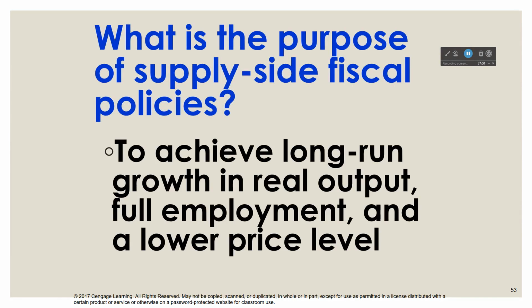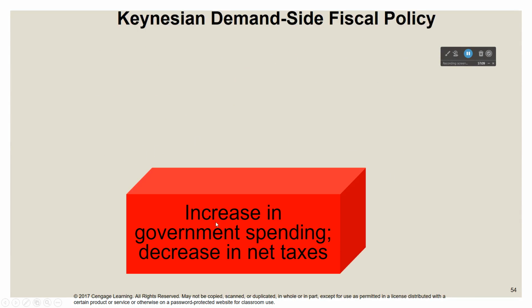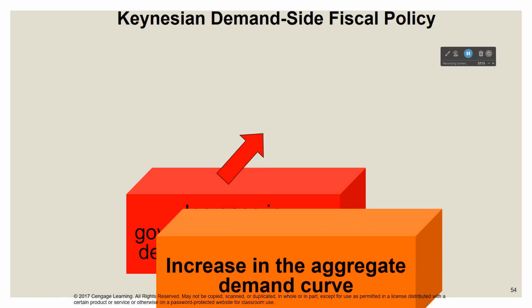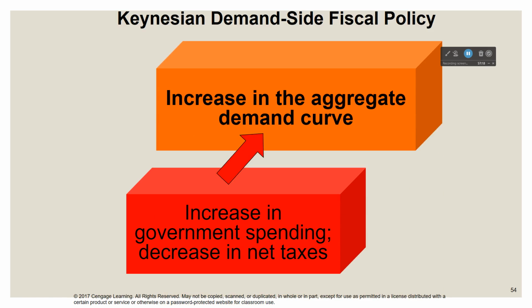The purpose of supply side fiscal policies is to achieve long-run growth in real output, full employment, and a lower price level.